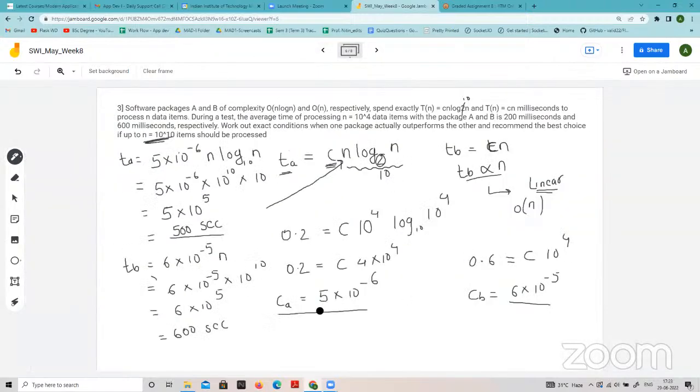Now what is happening? I'm able to find out the exact point and able to deduce TA was better. Why? Because my range is not affecting me that much. What if I had asked, work out the exact conditions when T2 outperforms T1? Finding T n for n equals 10 raised to power 10, I'll know that T is giving me the lesser answer.